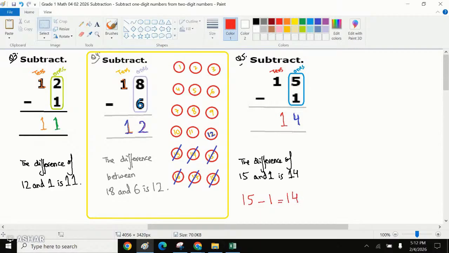And previously we did the negative sentences, right? So 15 minus 1 was 14. So what we are looking at is the previous information that we did.